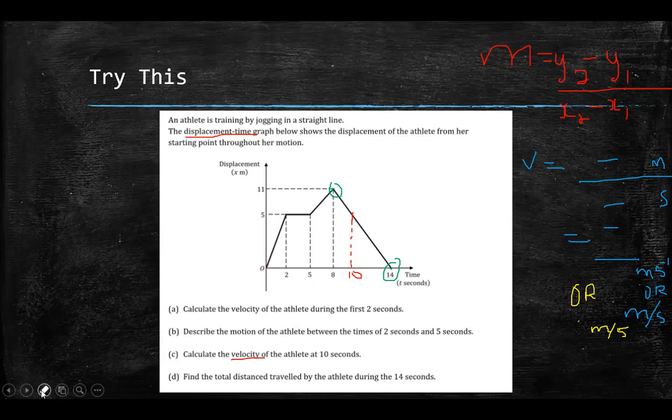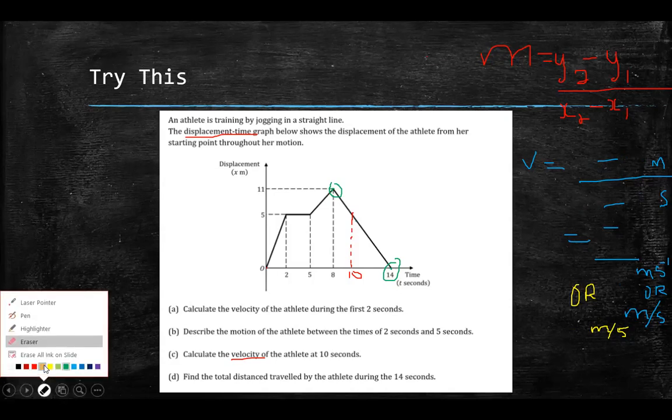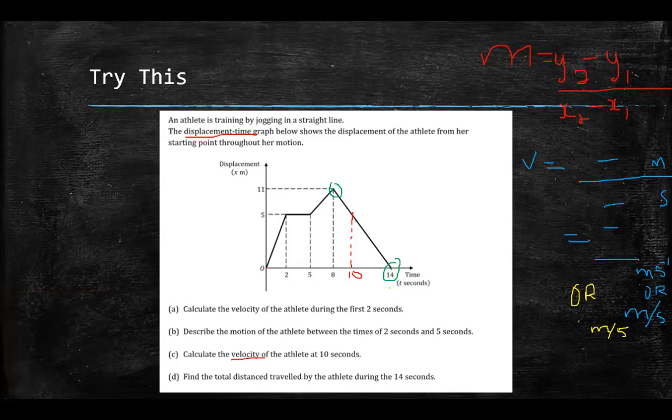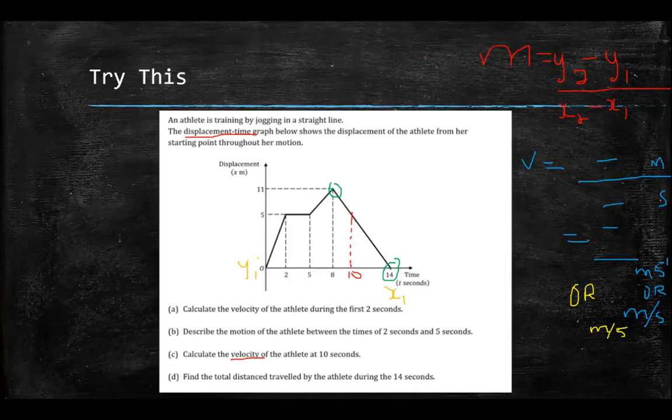Because we're almost out of time, I'll just do it now. This value is my x1. The y1 would be 0 because it's touching the x-axis, so my displacement is 0. And at this point, it's 8, so x2 is 8. y2 is 11.